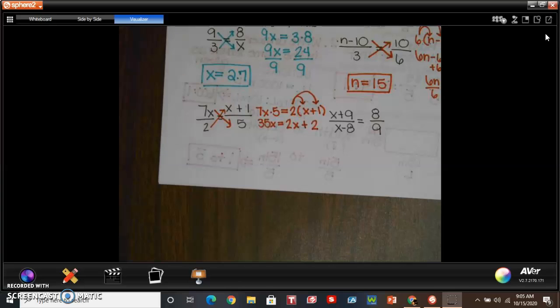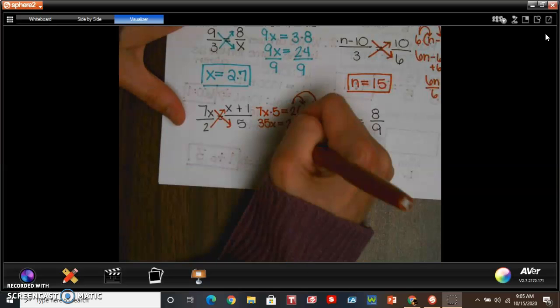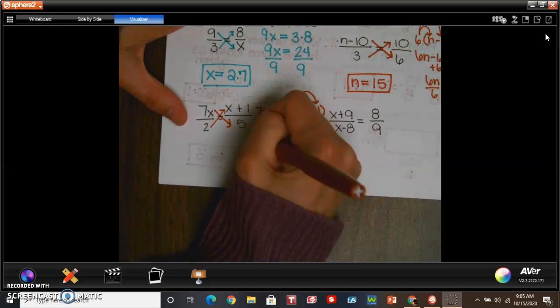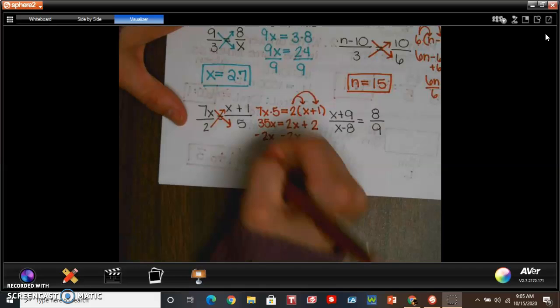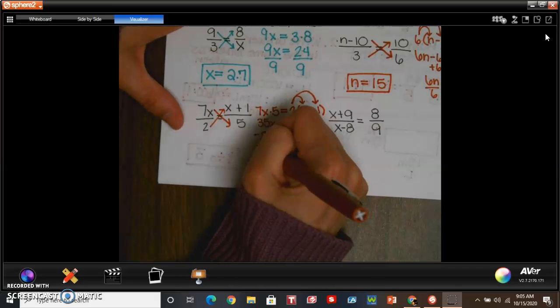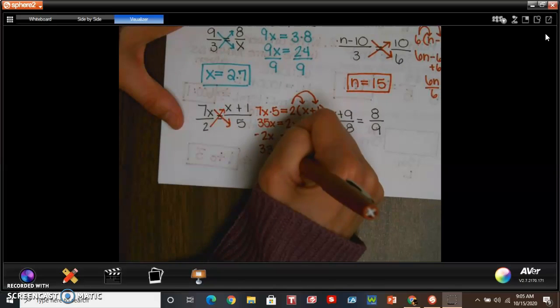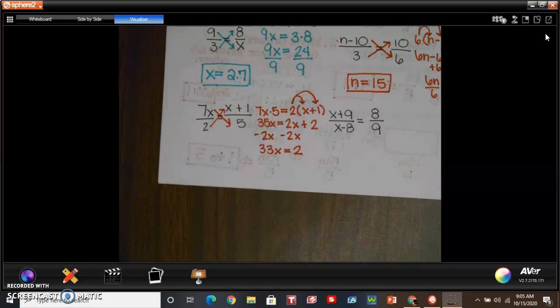All right. We need to get our like terms together. So that means that 2x needs to go over to the other side. So I'm going to subtract 2x to move it, leaving me with 33x equals 2. Ooh. This one's definitely a decimal.